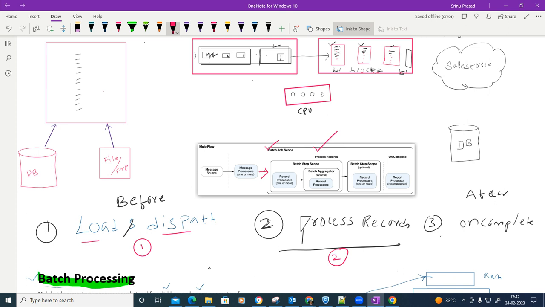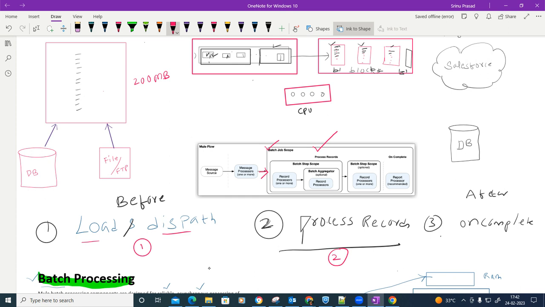What is our intention? We need to process a huge number of records, and to do that, first we need to prepare for the processing. What kind of preparation do we do in the load and dispatch phase? Understand this first. Assume there is about a 200 MB file you need to process.